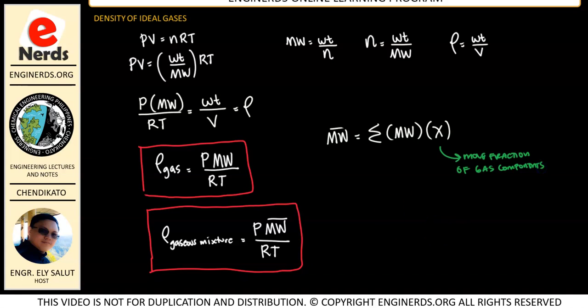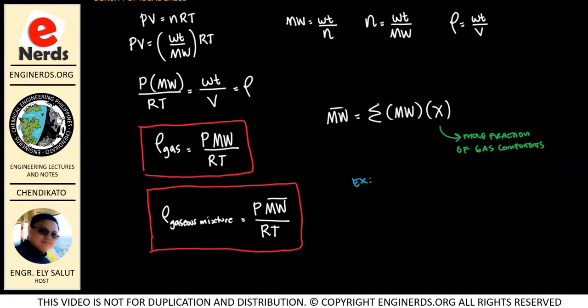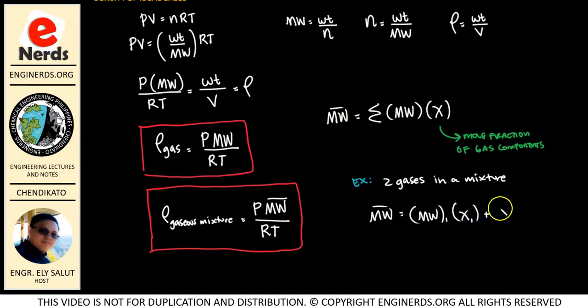So, for example, pag meron tayong dalawang gas, in order to get the average molecular weight, we have to get the molecular weight of the first gas multiplied by its mole fraction plus the molecular weight of the second gas multiplied by its mole fraction.